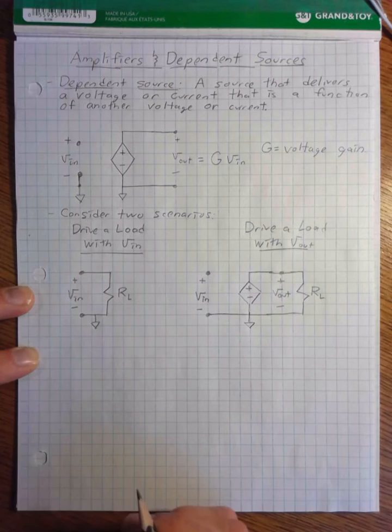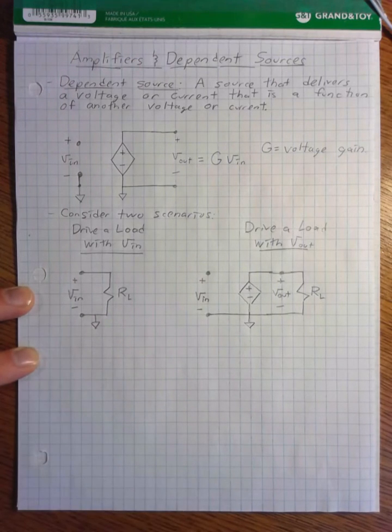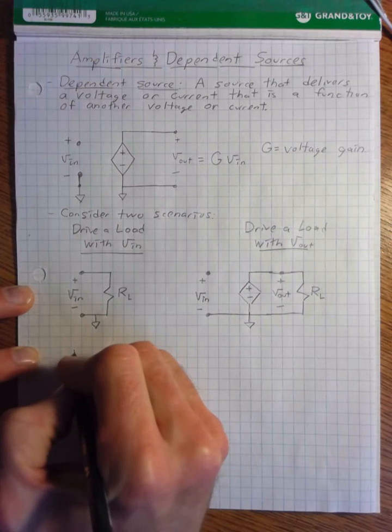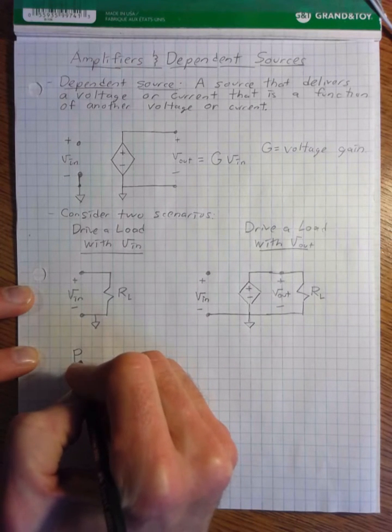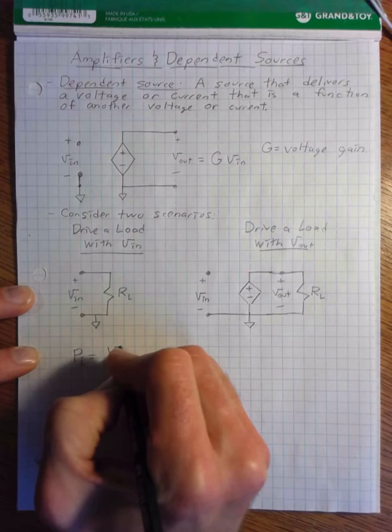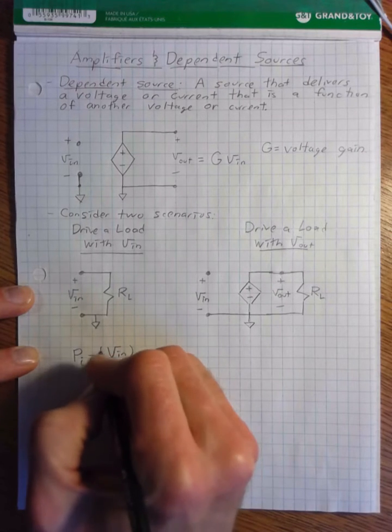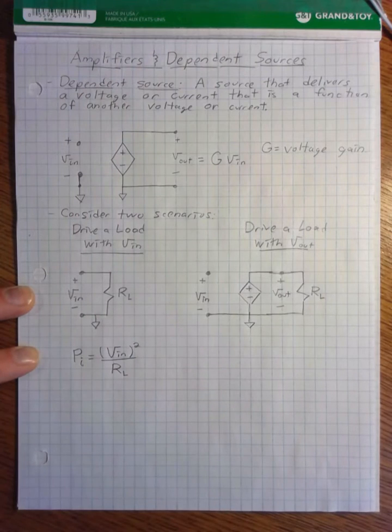If we drive it directly with our input voltage, the power that we deliver to our load, I'll call this PI, is equal to V in squared divided by RL.